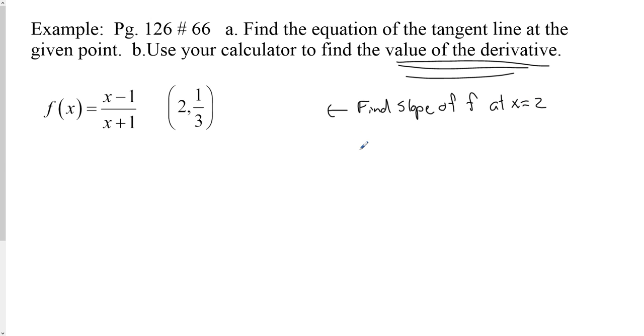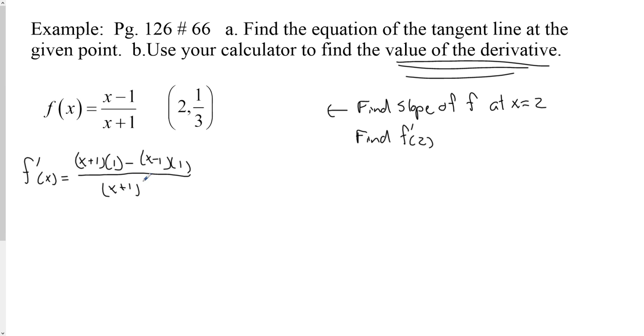And so to do that, we're going to find f prime, or the first derivative, of 2. And so again, I have a quotient, so let's do the quotient rule. So f prime of x is going to equal to ho d high, so ho is x plus 1. D high is just going to be 1, minus high, x minus 1, times ho, which is just 1, all over ho, which would be x plus 1 quantity squared.